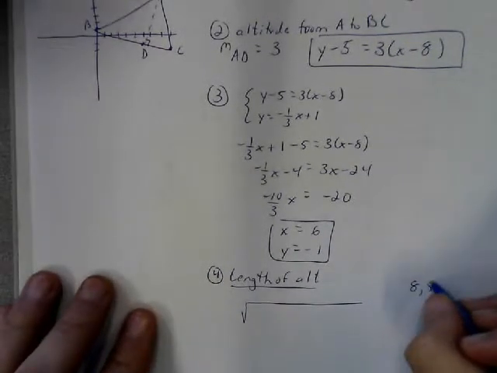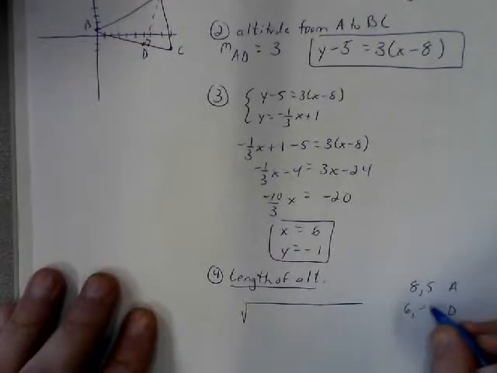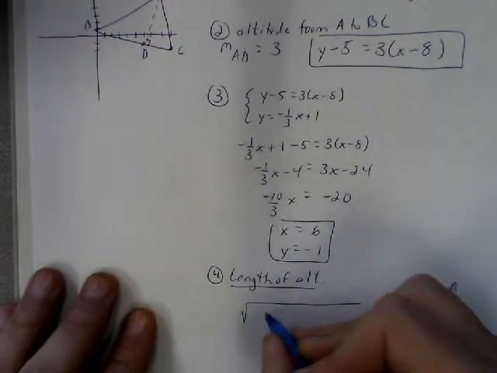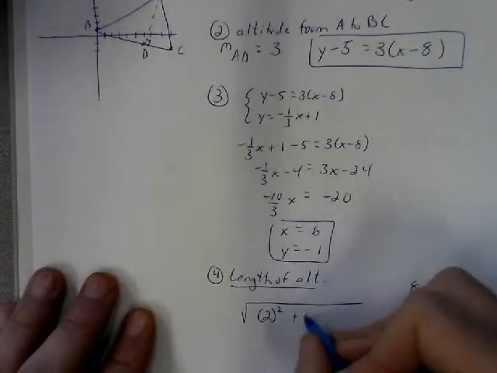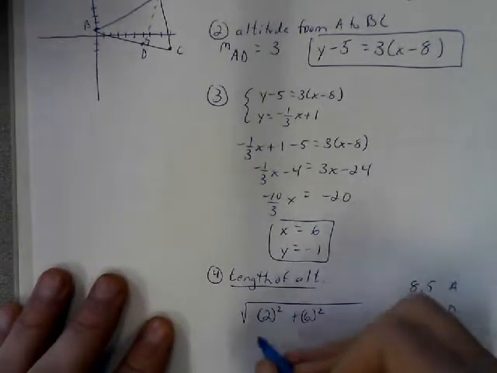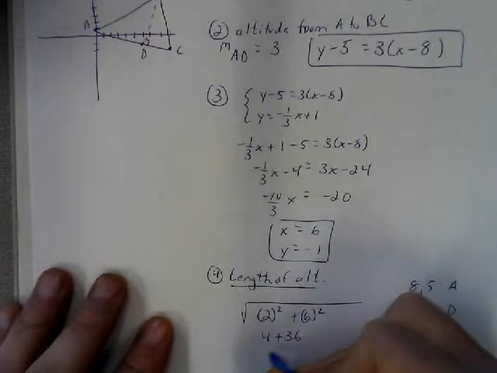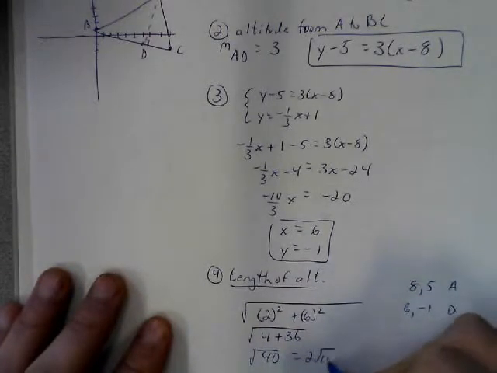You have 8, 5 as point A, and point D is 6, negative 1. So the difference of the x's is 2. The difference of the y's is 6. So therefore the distance is the square root of 4 plus 36, which is 40, which is 2 root 10.